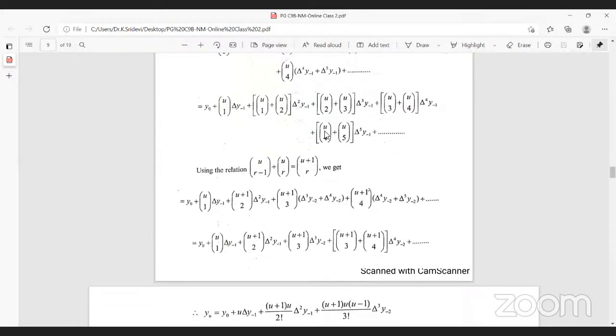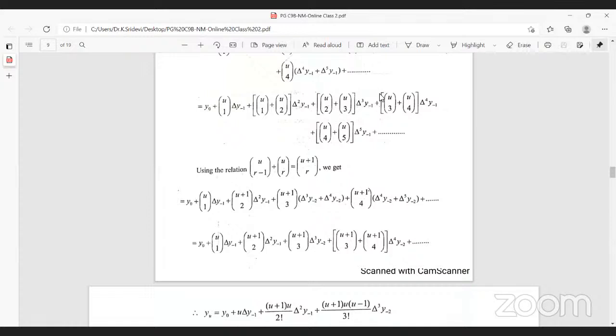Now as we discussed just now in the previous derivation, use this relation. By using this relation, you can get first term as same, second term as same, third term can be written by using this relation as u plus 1. What is r here according to this relation? 2. So u plus 1 2 delta square y minus 1 plus. If you apply this relation, you can get this one as u plus 1 3. r is here 3.